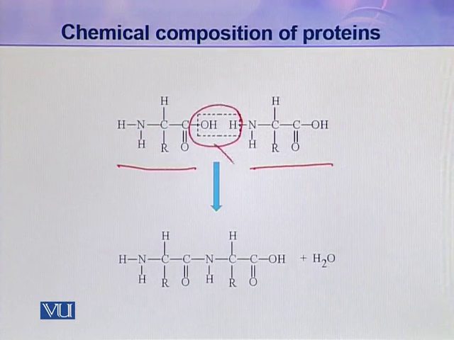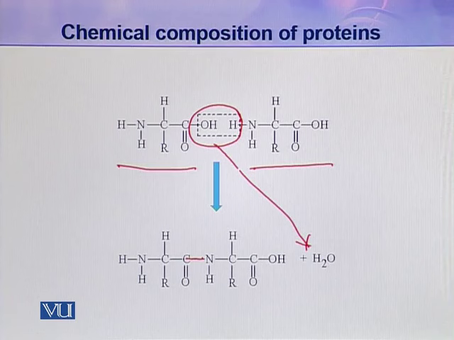One water molecule is eliminated, and with the elimination of this water molecule, a covalent bond is established between this carbonyl carbon and this nitrogen. This bond is actually a covalent bond, but this is called a peptide bond. So in this way, two amino acids join together through a peptide linkage.